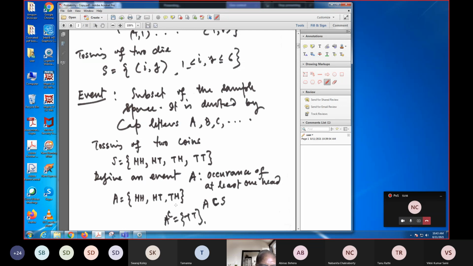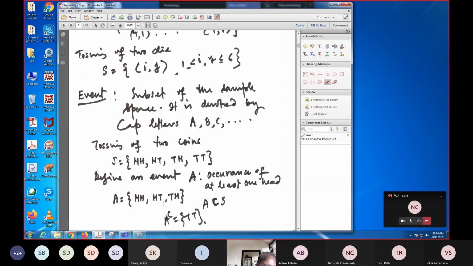So occurrence of at least one head means either you get head and tail, or tail and head, or both the heads. So A will consist of these 3 elements: HH, HT, TH, which specify that if any one of them occurs, then you can say that A has occurred.